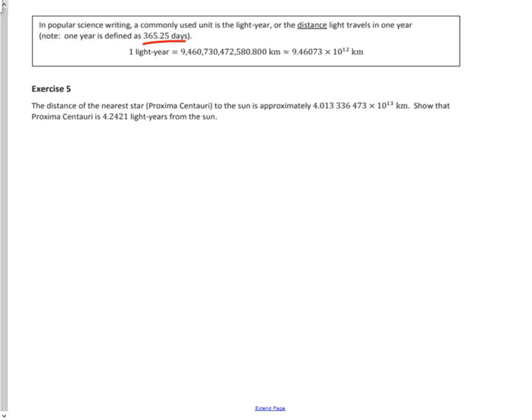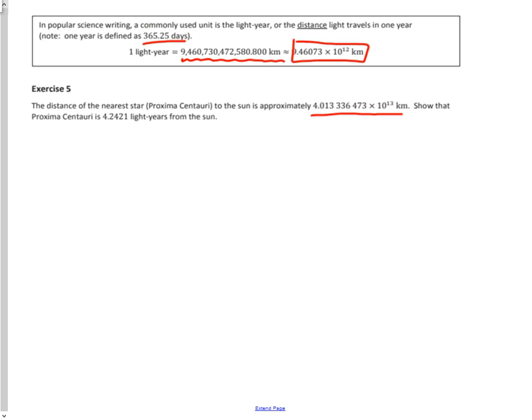One light year is a big long number, which we can write in scientific notation as approximately 9.46073 times 10 to the 12th power. The nearest star to the sun is a star called Proxima Centauri, approximately this many kilometers away.